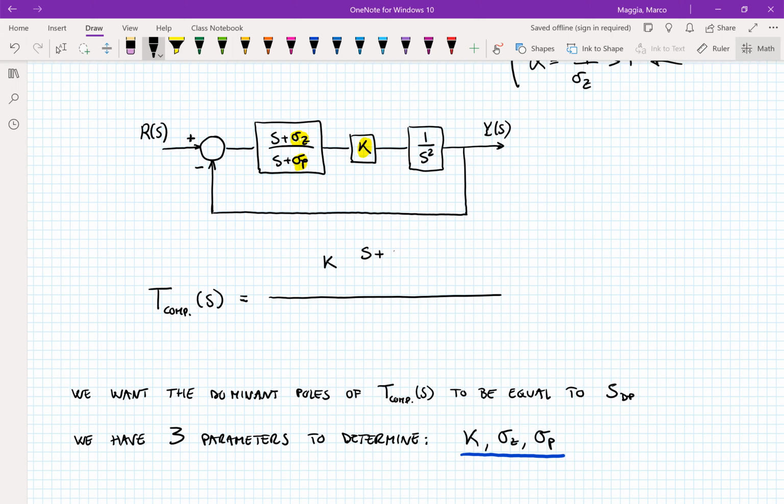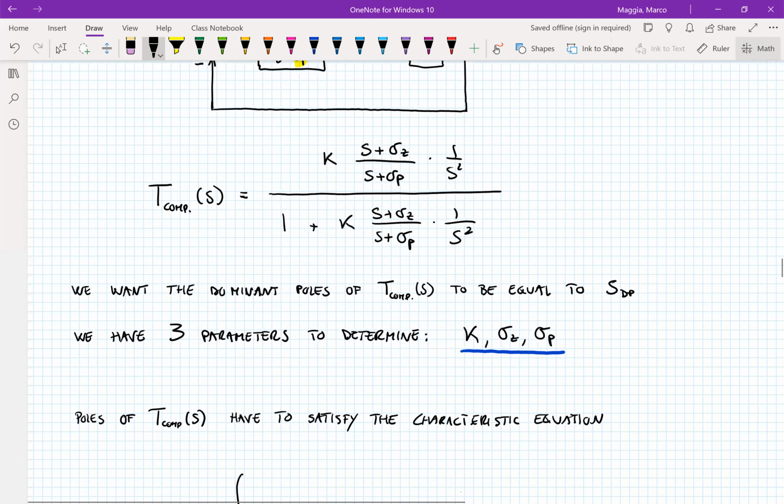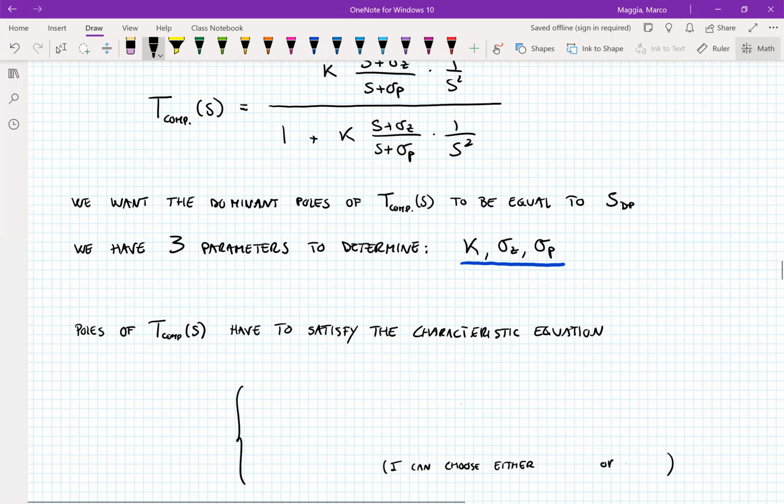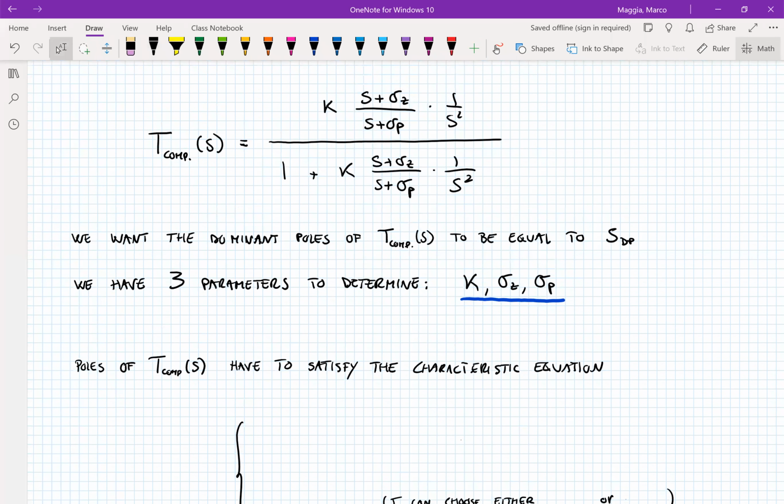So our closed loop is (s plus sigma Z) over (s plus sigma P) times 1 over s squared, and at the denominator, we have 1 plus K (s plus sigma Z) over (s plus sigma P) times 1 over s squared. All right. So as I said, we have three parameters that we have to determine: K, the location of the zero, and the location of the pole.